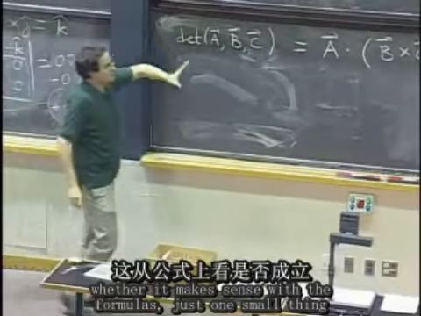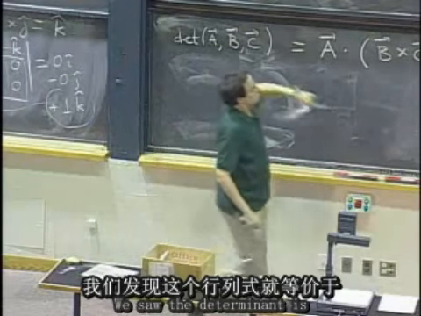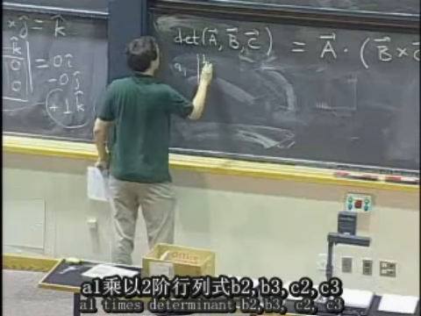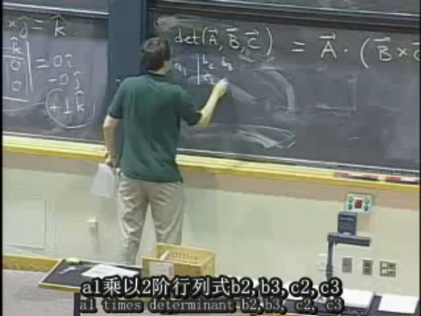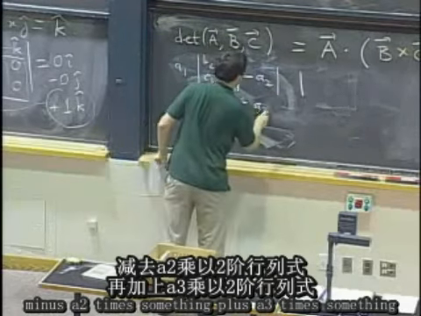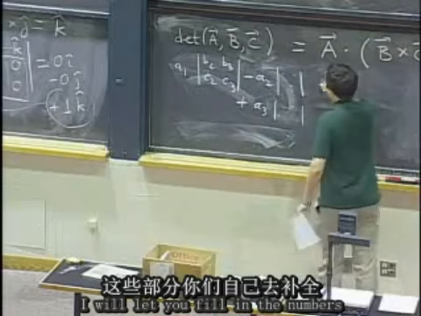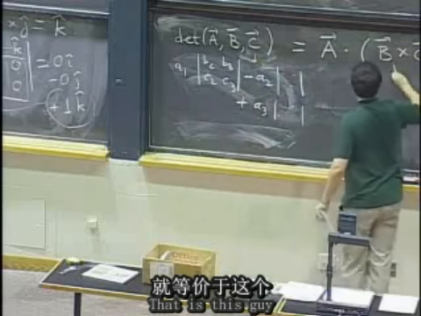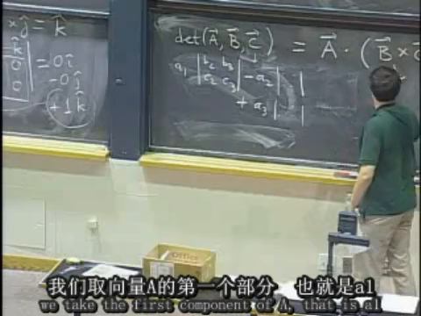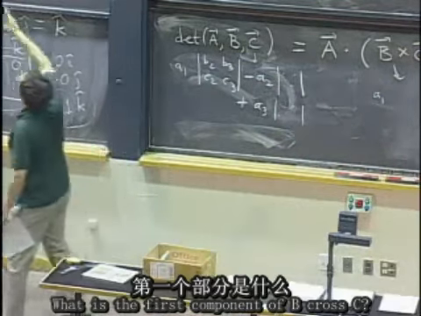Well, that looks good geometrically. Let's try to check whether it makes sense with the formulas. Just one small thing. We saw the determinant is A1 times the determinant of B2, B3, C2, C3, minus A2 times something, plus A3 times something. I'll let you fill in the numbers. That's this one. What about the other? Well, for the dot product, we take the first component of A, that's A1, and multiply by the first component of B cross C. What's the first component of B cross C?